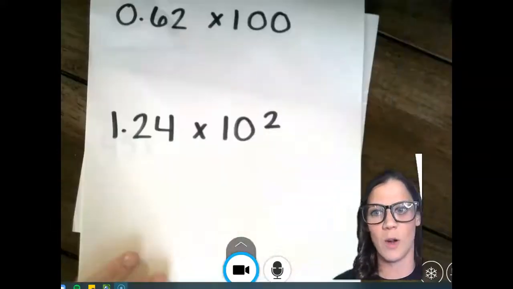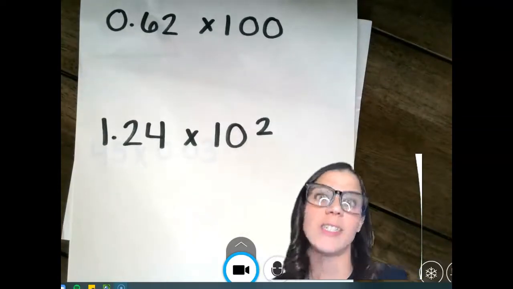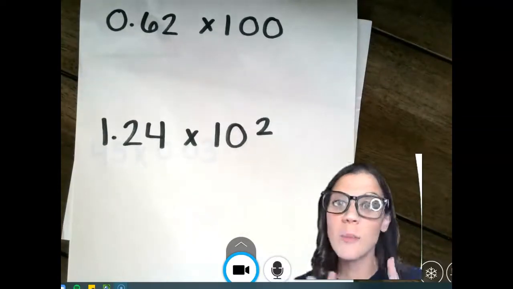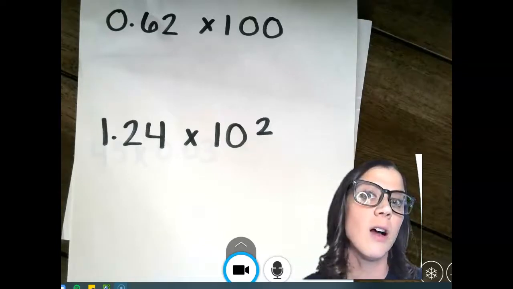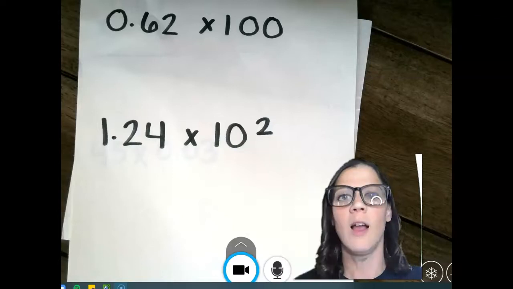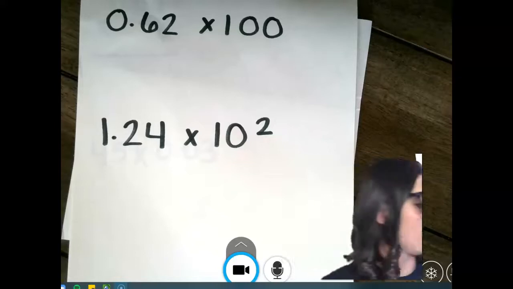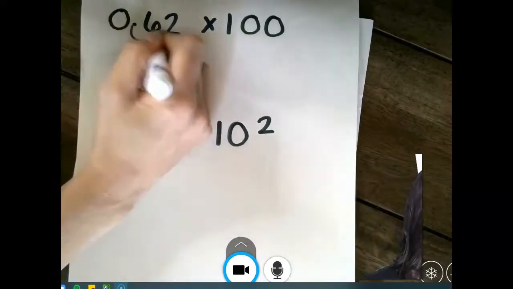So let's look at some and do them along with me on whatever it is that you're using to write your problems today. So I've got 62 hundredths times 100. So the first thing I'm going to do is I'm going to look at my 100 and decide how many zeros are there. 2. So that means I'm going to move my decimal to the right 2 times. So I'm going to go 1, 2.